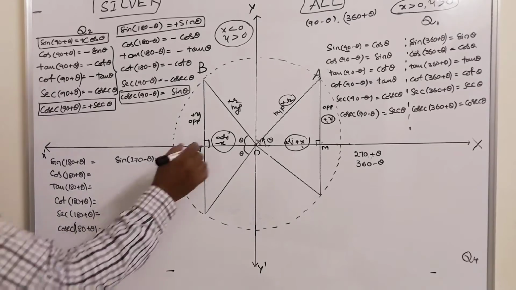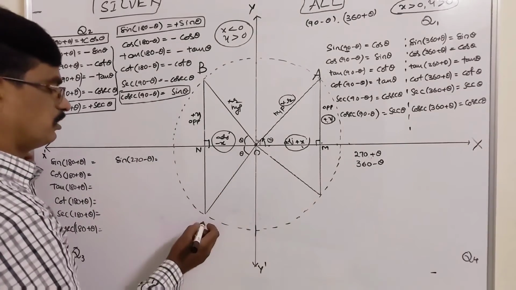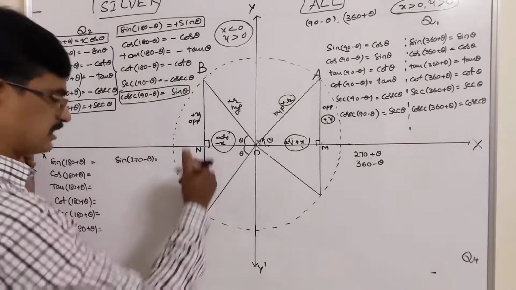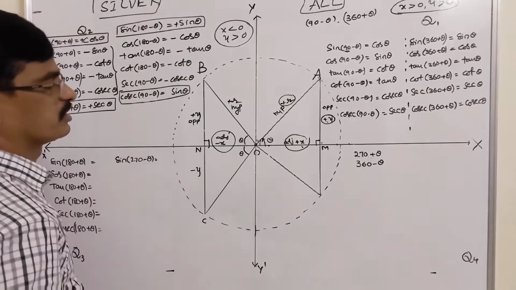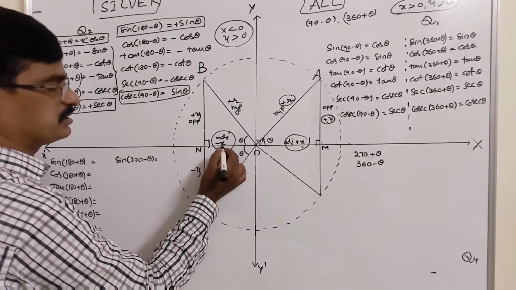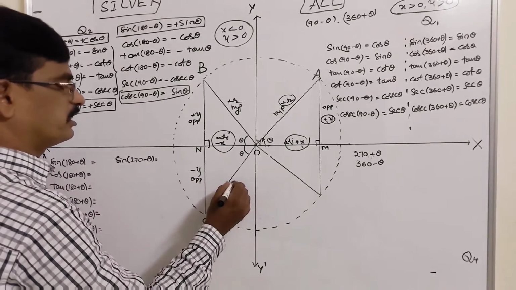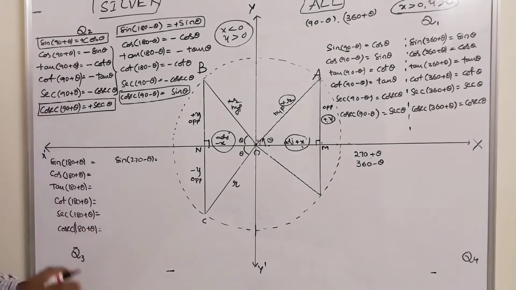So here in the third quadrant, let it be C. The point is below the x-axis, it is minus y, and here the adjacent side is also minus. Opposite side is also minus. The radius of a circle is never negative.